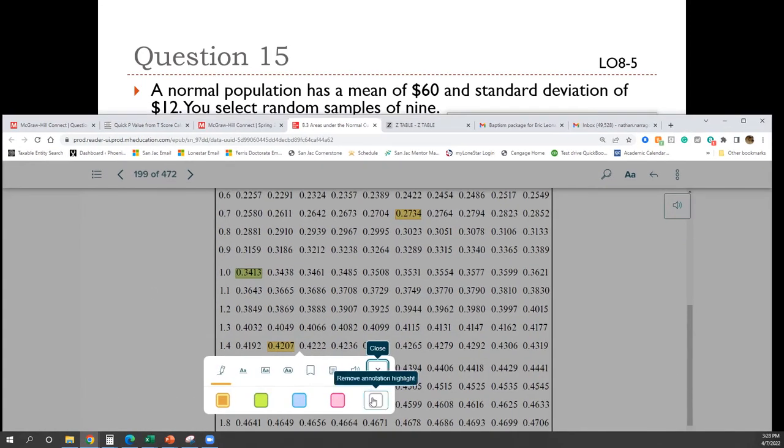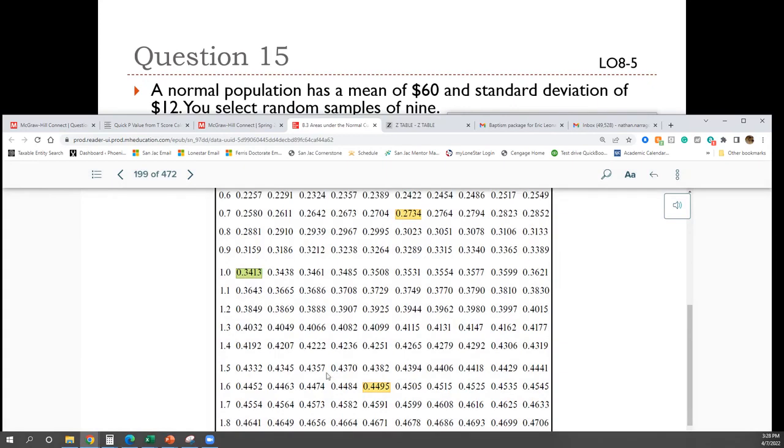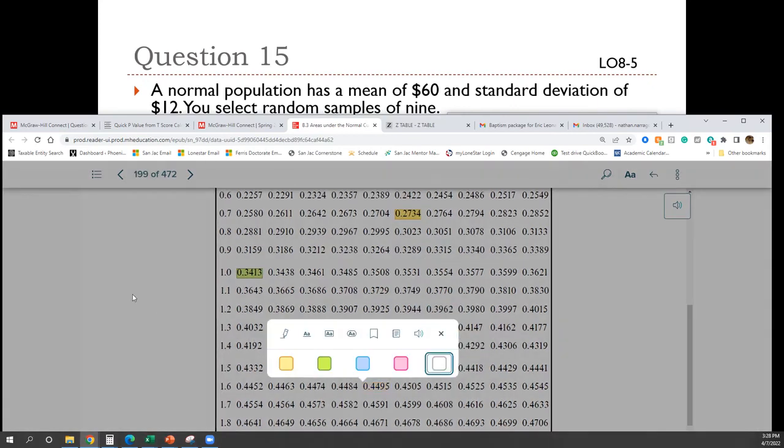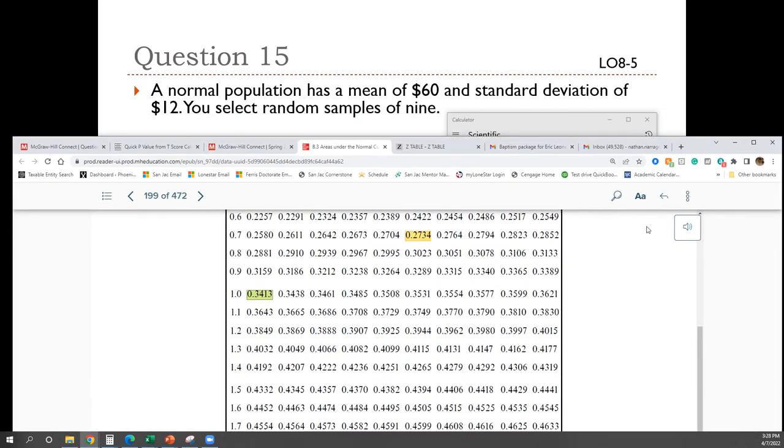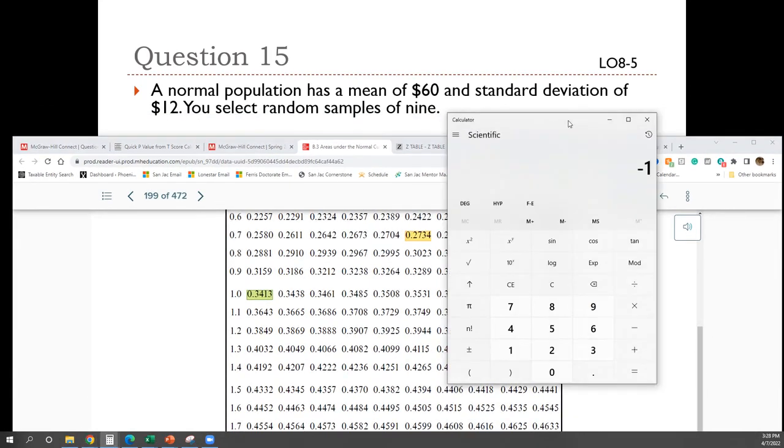So that will lead us to 0.3413. So I remove these older ones. 0.3413. So again, we're going to take from our calculator 0.5 minus 0.3413. Our answer is about 15%, 16% that it could be less than 56.